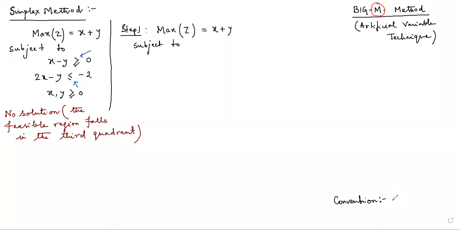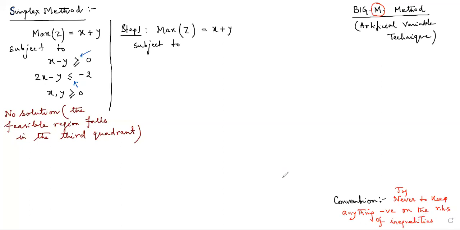One of many conventions that I discussed in the previous lecture was how to select the variables that will be termed non-basic and how to find the basic variables. Another convention, and I'm marking this in red color, is never to keep anything negative on the right hand side of inequalities.